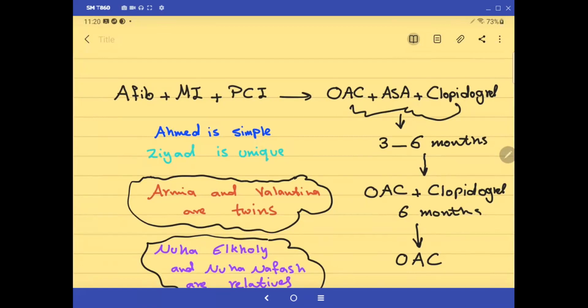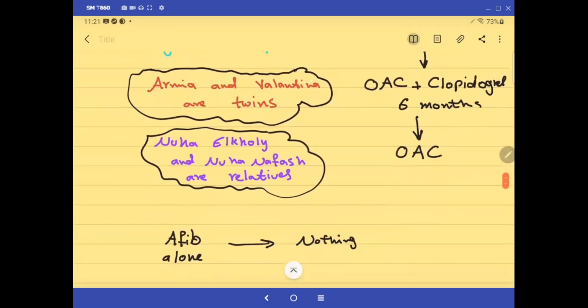Beta blocker alone can control the heart rate, but sometimes we might need to add digoxin. But it's mainly the beta blocker in an atrial fibrillation patient who has heart failure. I can achieve rate control with a beta blocker.